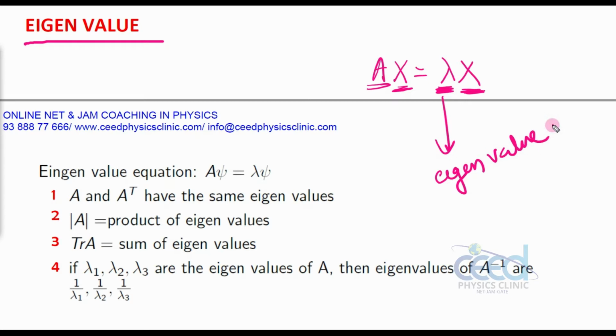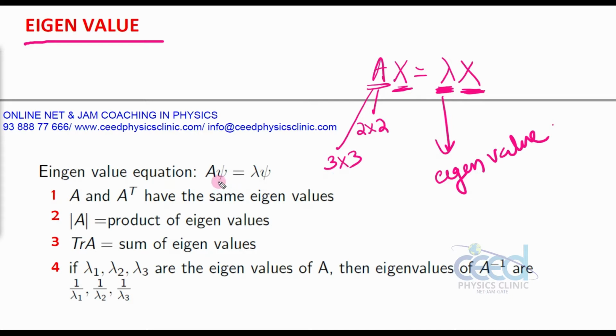Suppose you consider a matrix of 2 by 2 order, then it has two eigenvalues. And if you consider a matrix of order 3 by 3, then it has three eigenvalues. This eigenvalue has wide importance in quantum mechanics.